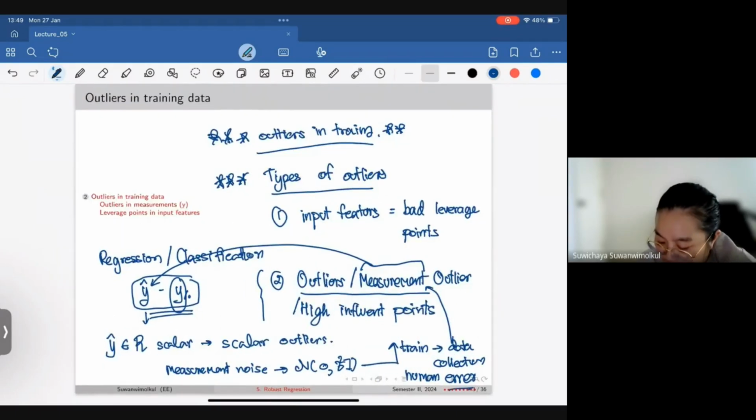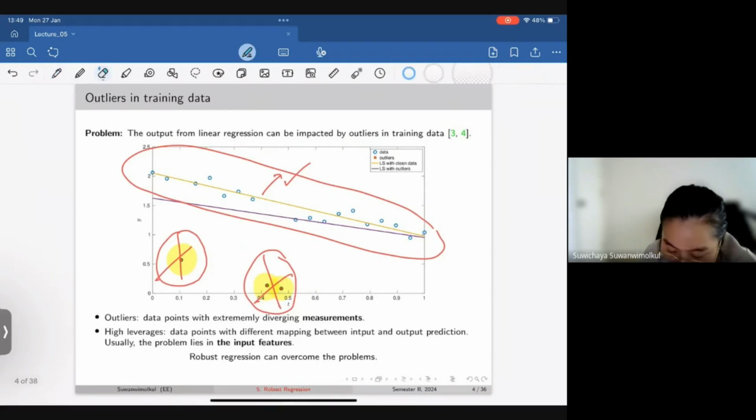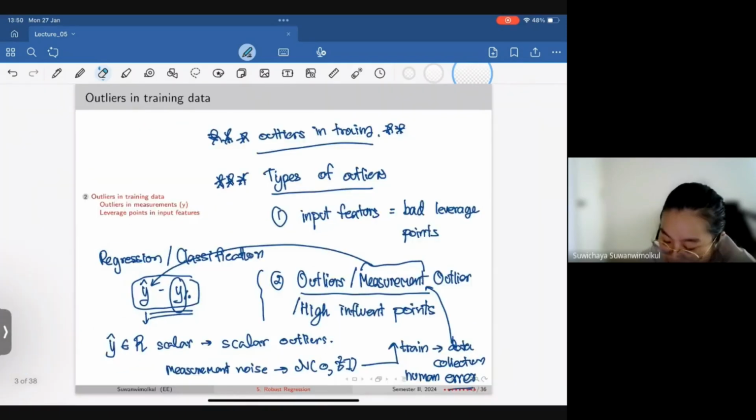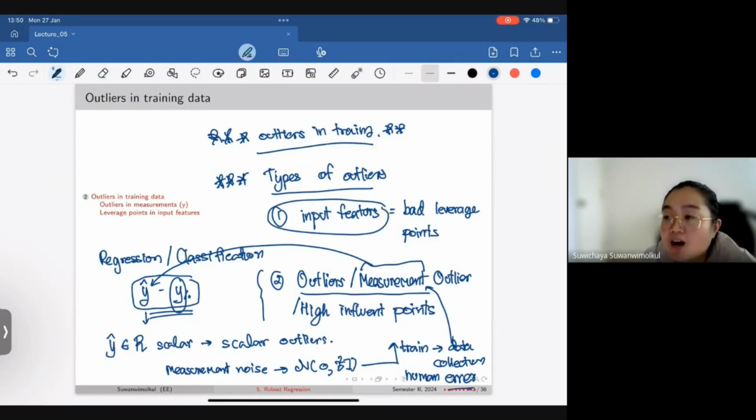And in fact, there is an example here. But what I may not like about this example is that it can be very confusing. We know that outliers can happen in our measurements, like inaccurate labeling, but our inputs can have outliers as well.